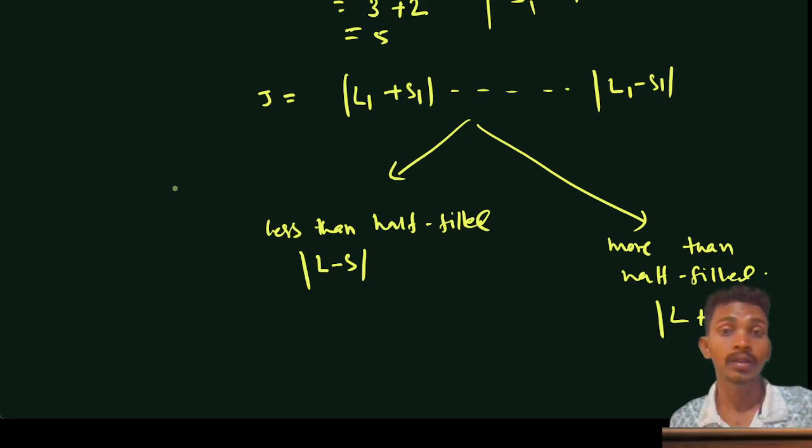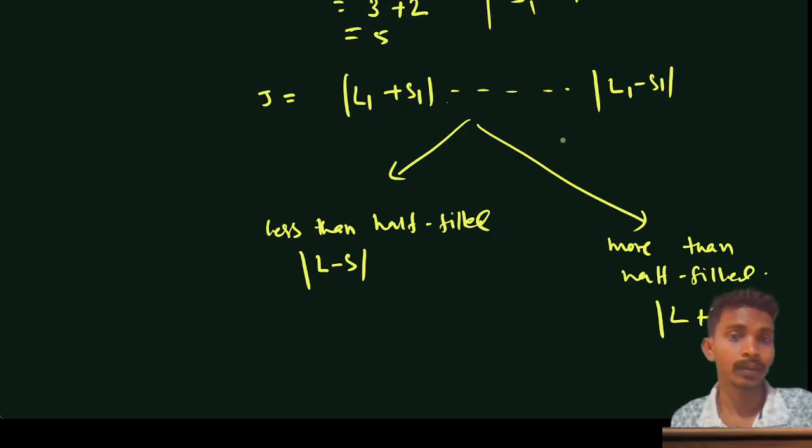Unlike when we were discussing term symbols, where we used to take L1 plus S1 dot L1 minus S1 and get more than one value, when calculating magnetic moments we will not take more than one value.